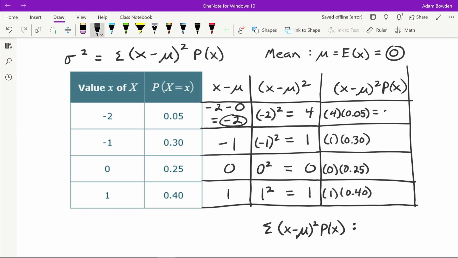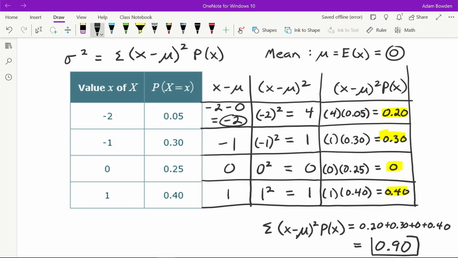So we'll get numbers like 0.20, 0.30, 0, and 0.40. And then the formula, we need to take the sum of all these numbers here, which gives us an outcome of 0.90 for the sum. So we call that the variance, sigma squared, is equal to 0.90.